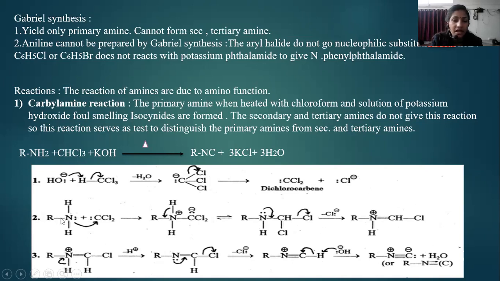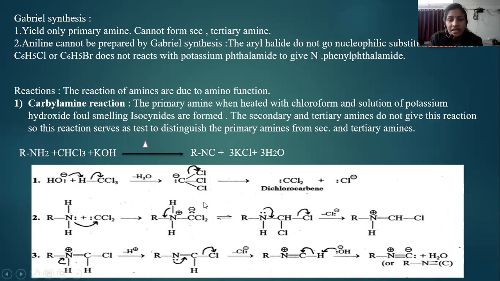The nitrogen in a primary amine has a lone pair, and this lone pair attacks the carbon atom of the dichlorocarbene. Then a new bond forms between nitrogen and carbon, and nitrogen has a positive charge because of the sharing of electrons with the carbon.